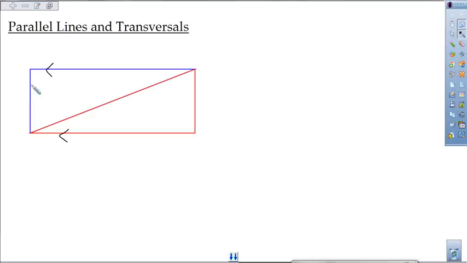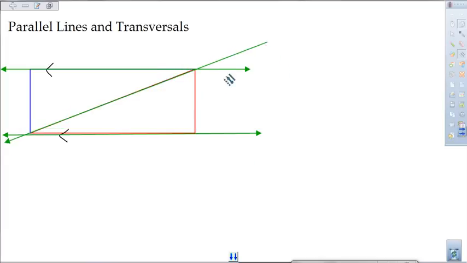So let's look and see which angles. You see, the angles we need to talk about are inside this rectangle here. So let's look at this parallel line here. And if I extend these lines, and I'll erase these in a second, I'm going to extend these lines, and let me change the color so you can see. We're going to put this line here, and this line here, and that line there.